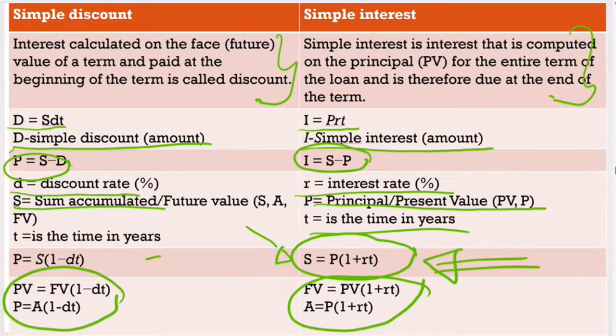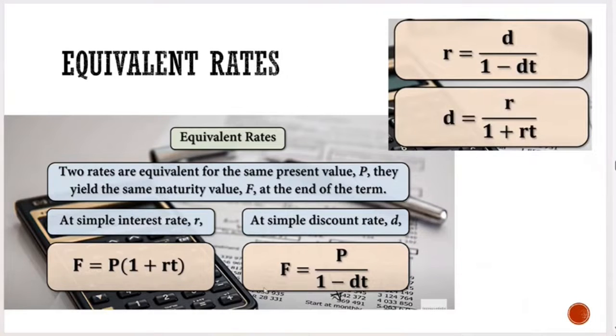So we will be sticking to this format. Okay, I have just brought in these so then you can see what we mean when we talk about future value and the present value and so on. Otherwise, we are going to be sticking to this formula. Okay, and then you find that when you are working with simple interest together with a simple discount, there is what is called an equivalent rate.